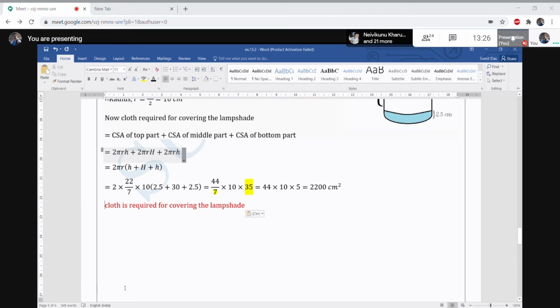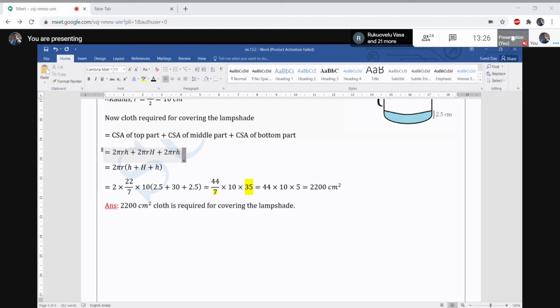Just write the answer: this 2200 centimeter square for the lampshade.